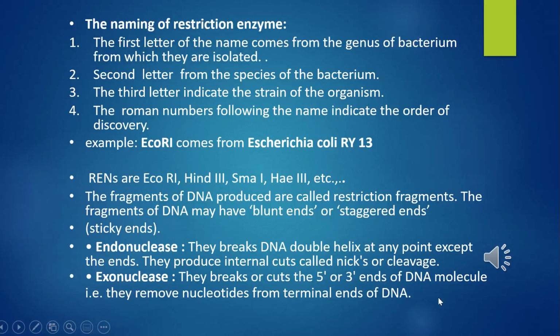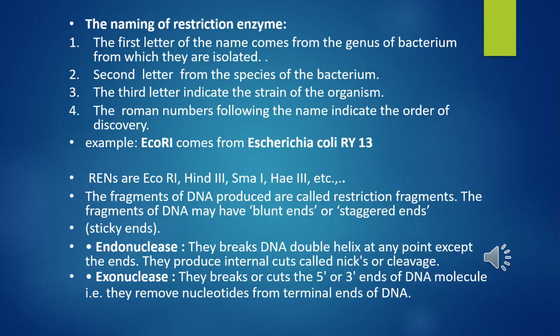Now, how is the naming of restriction enzymes done? I'm taking the example of EcoR1. The first letter of the name comes from the genus of the bacterium from which it is isolated. Here the genus is Escherichia, E is for Escherichia, and then the second letter is derived from the species of the bacterium, that is coli.